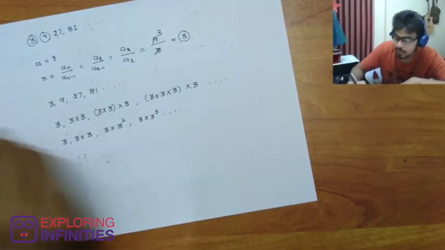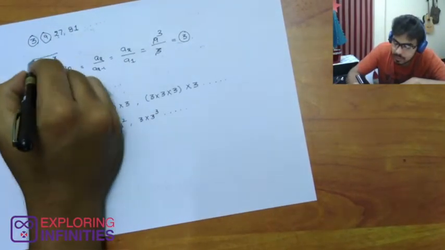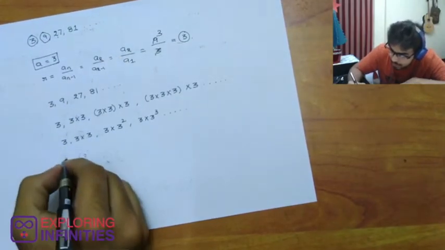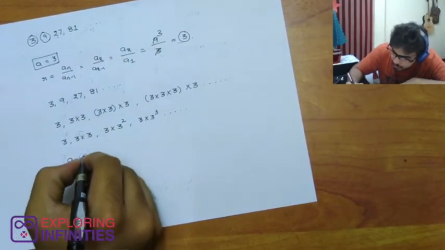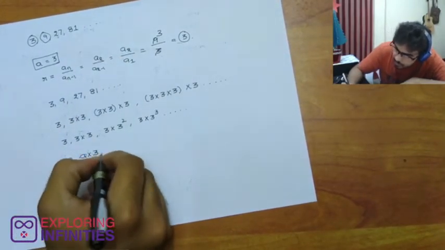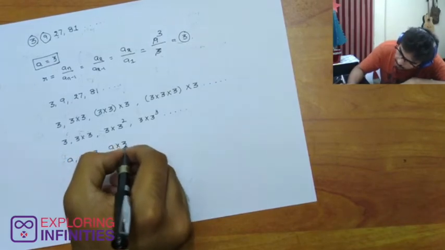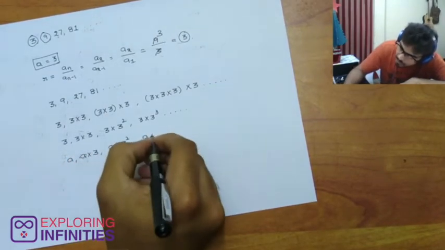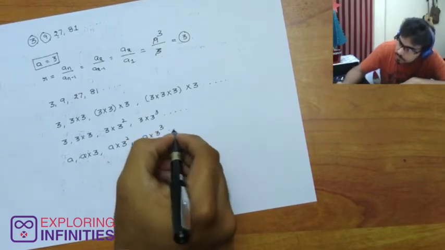Alright, so here we know 3 is the first term a, and I'm substituting a wherever there is first 3. a into 3, a into 3 square, a into 3 cube, and so on.